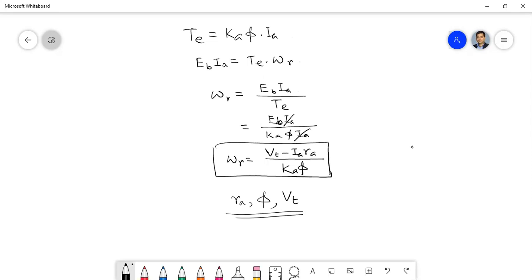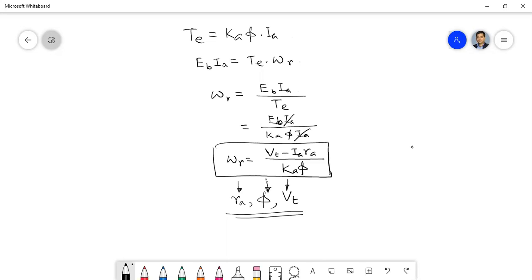So by using the armature resistance, this is called armature control. If we change the flux to change the speed, it is called field flux control. And if we change the terminal voltage to change the speed, it is called terminal voltage control.